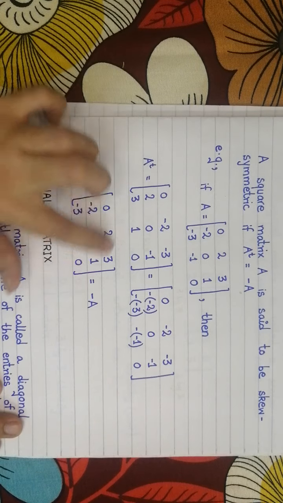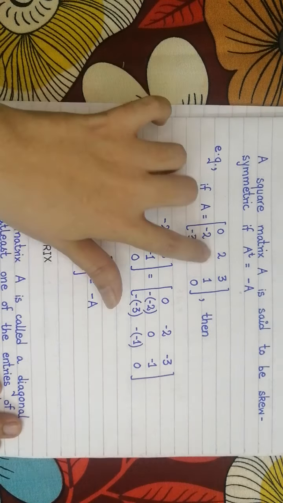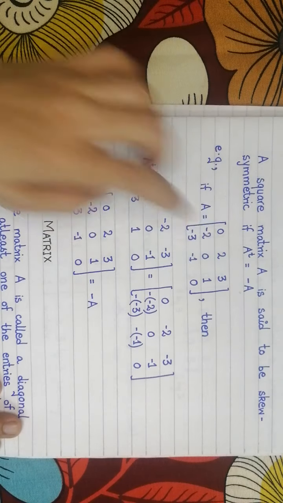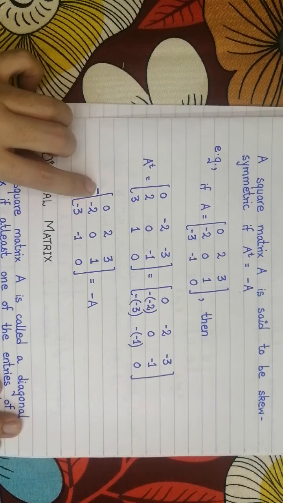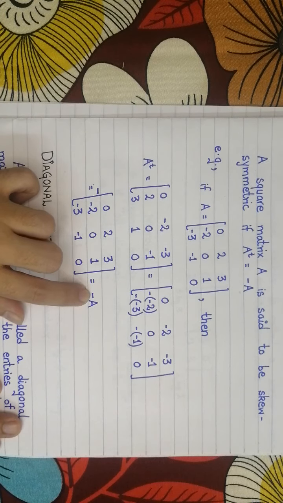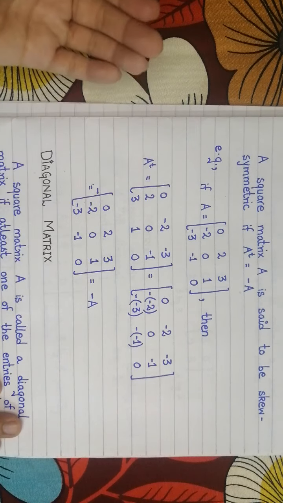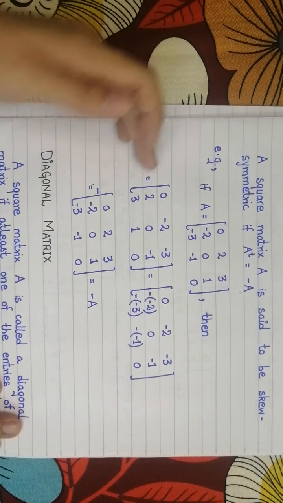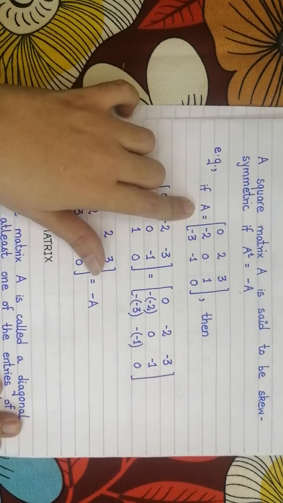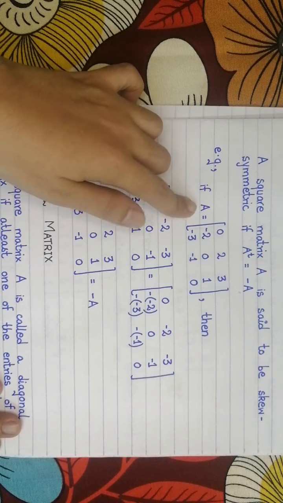So what we get is the original matrix A. Can you see this? These both are same. And what we have done is taken this minus sign as common. So we can write this as minus A. So A^T is equal to minus of A. So this matrix is a skew symmetric matrix.